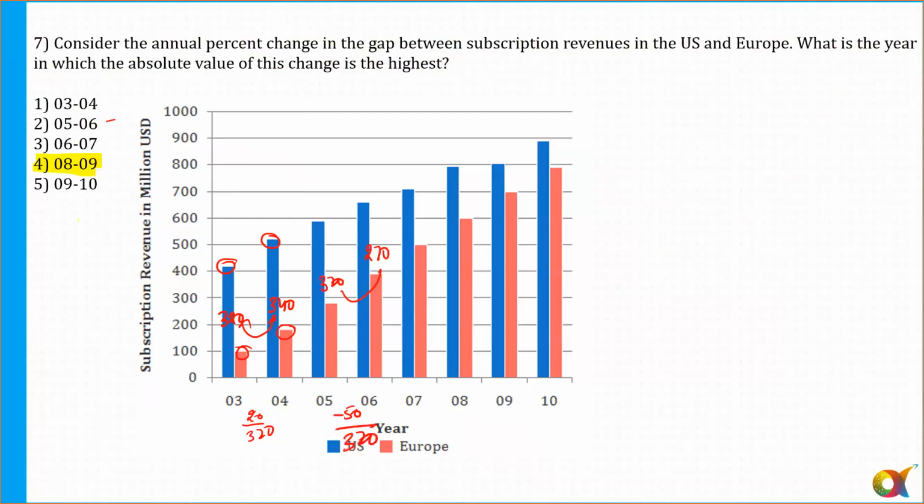So that is slightly calculation there. Then I need to find out the change in 6 and 7. So in the year 7, the difference will be nothing but that is 220 approximately. So 270 to 220, that is nothing but 50 upon 270. That is what I need to calculate here. Okay, 50 upon 270 here. Or in fact, it will be negative. Okay, but I need to take the absolute values here.